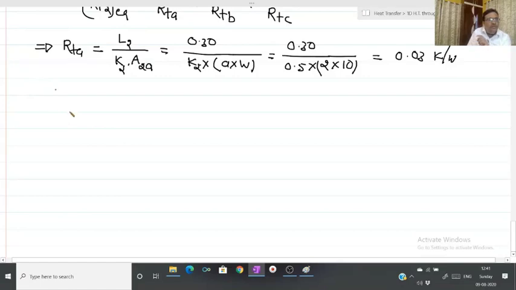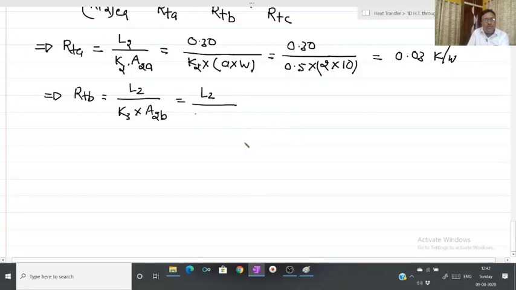Similarly, for RTB, the thickness is again the same, L2. Its thermal conductivity is represented by K3, and the area normal to heat flow will be A2B.